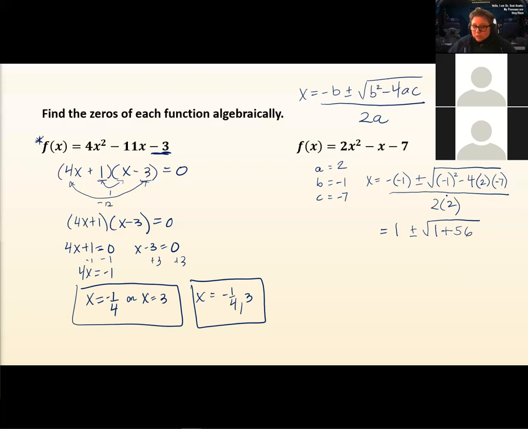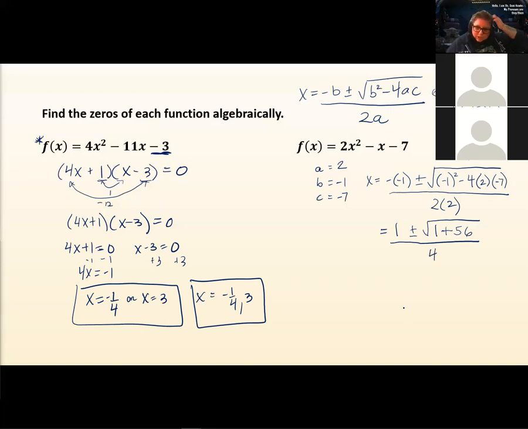Although Sam, what you could have done if you are used to writing it this way is just written it as 1 minus -56. And then you still would have gotten your plus. Okay, 2 times 2. Four.